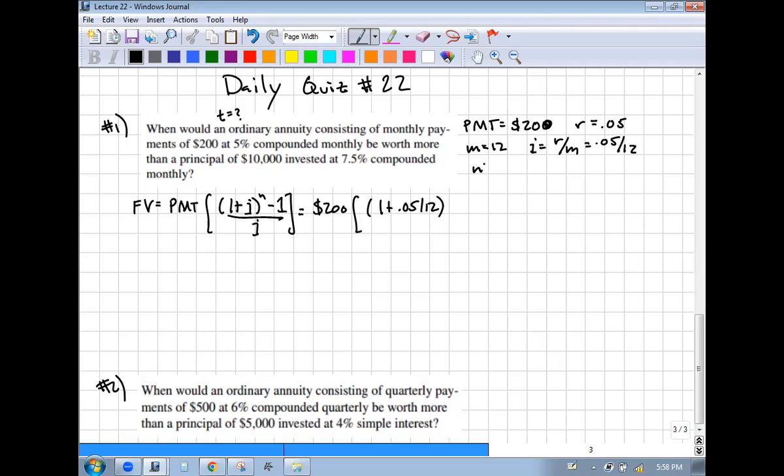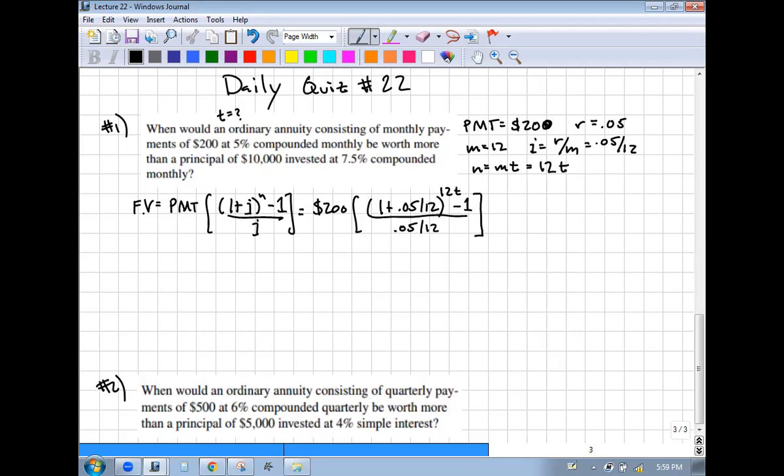Our N is MT, right? Our M is 12, and then we have a T here. We don't know what T is, T is the variable. So we have 12T, and then we have our minus 1 over 0.05 divided by 12.